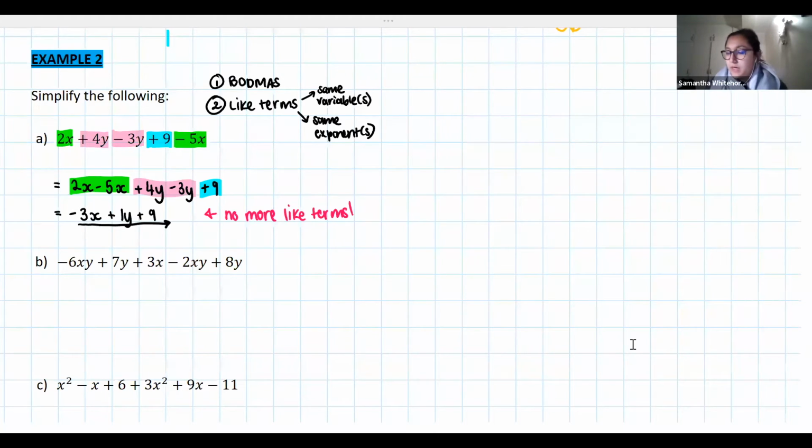Okay, one more minute, and then we're going to have a look. Let's go, let's go. Remember to also use colors. You can highlight like terms.